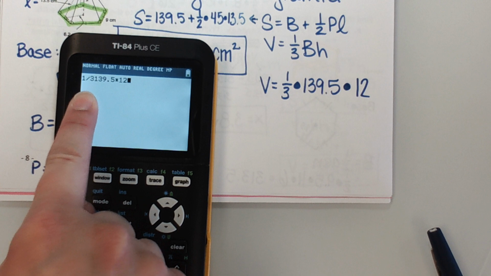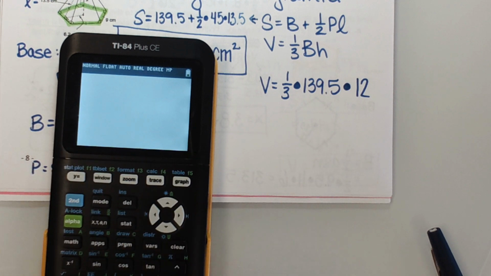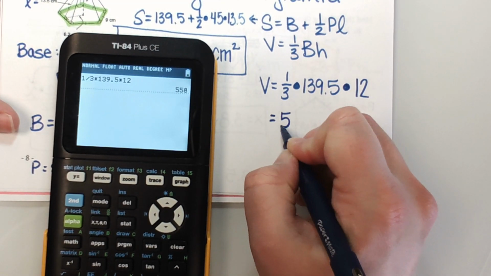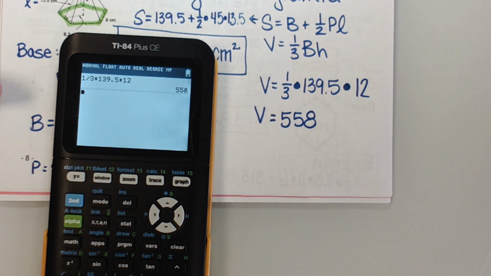As long as you make sure to put the times symbol. Times 139.5 times 12. You could also just make the 1/3 into a fraction, if your calculator has a fraction button.